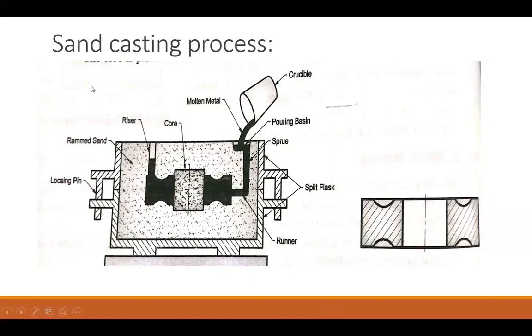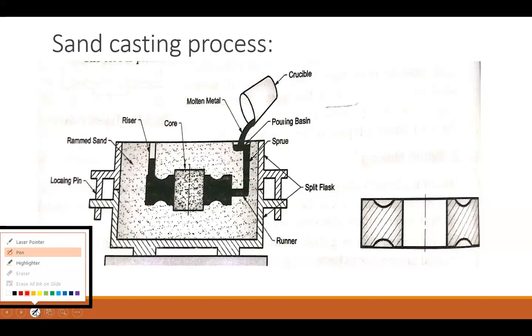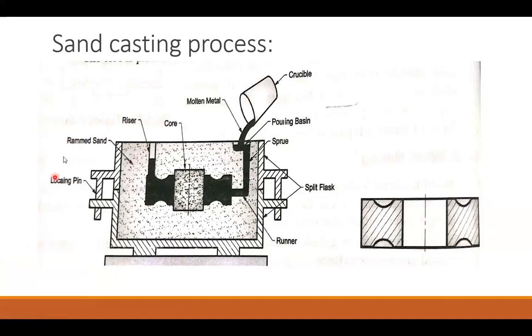Here you can see the diagram of the sand casting process. This entire box is called a mold box, which has two parts, an upper part and a lower part.